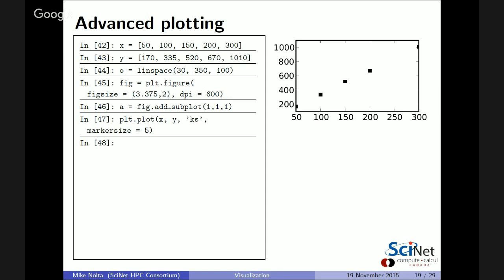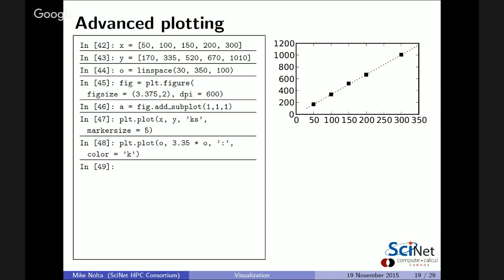So this would be 3.375 inches by 2 inches. And DPI 600 dots per inch. Okay, make a subplot. There's just one plot in this figure. Plot the data.